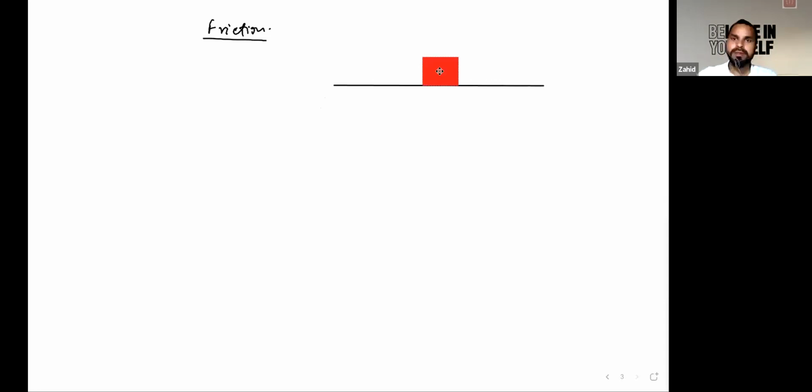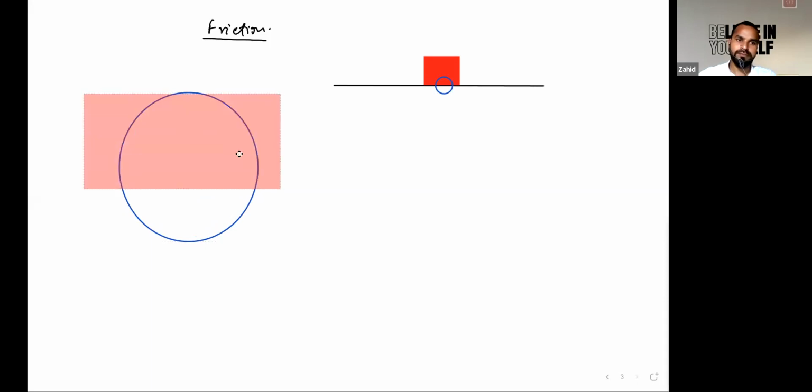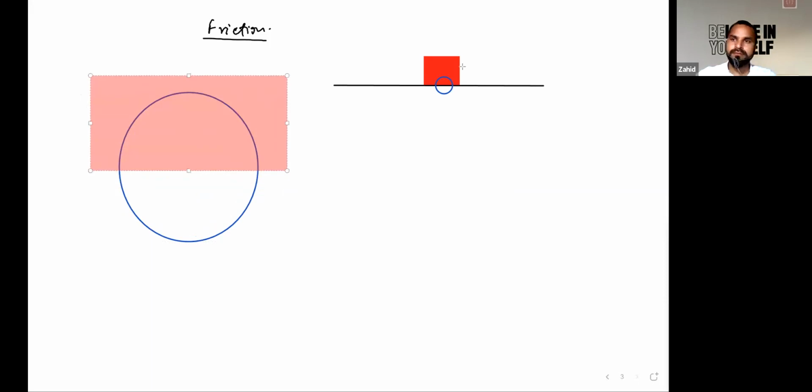So if you magnify this whole part at this point, you will observe a zigzag path like this.